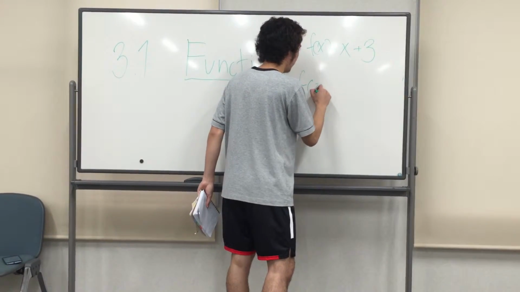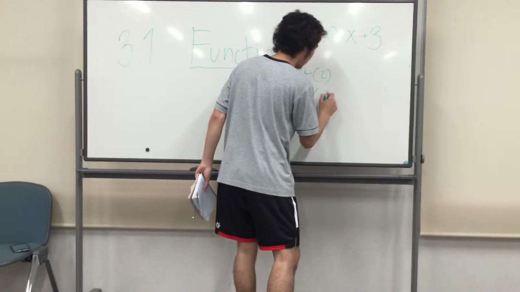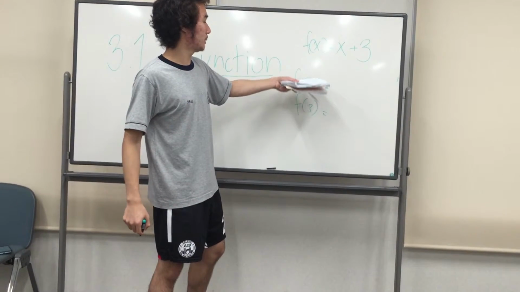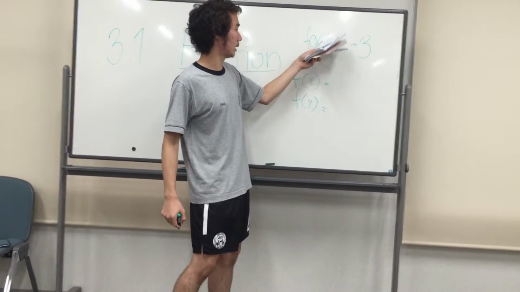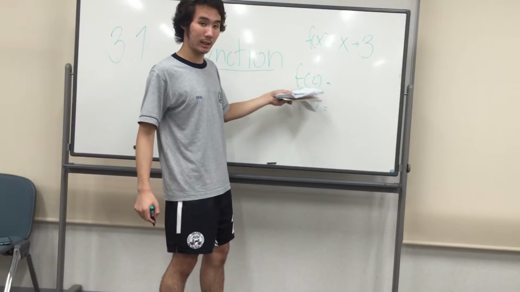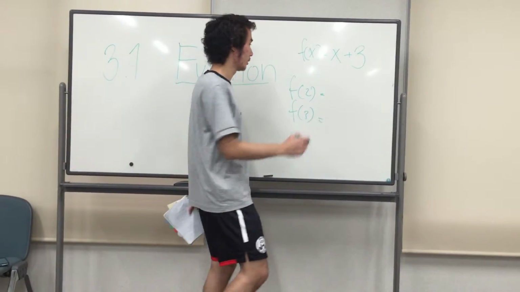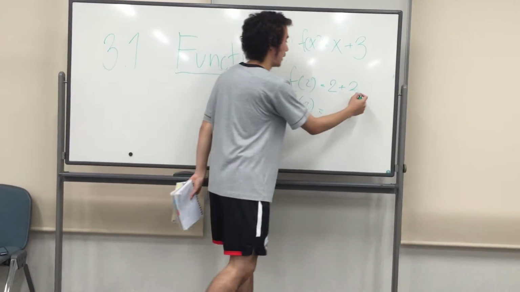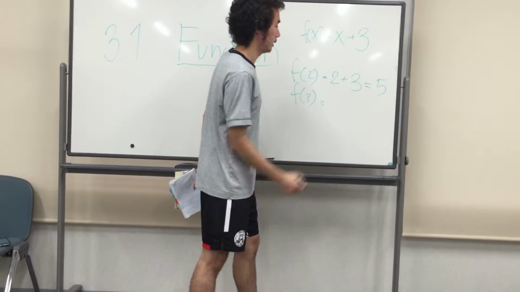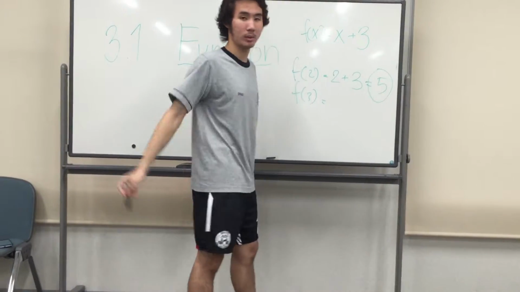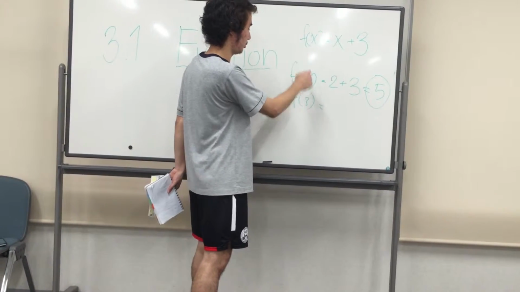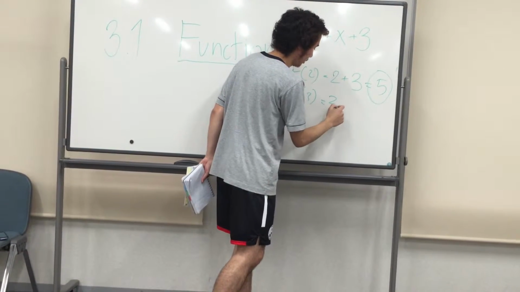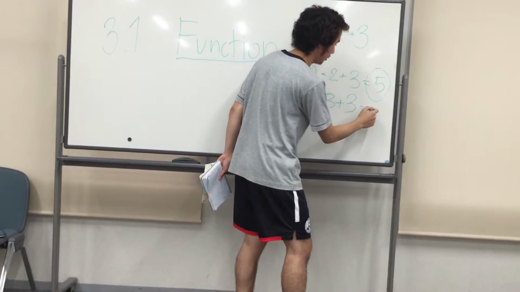Let's do it fast. 2 represents an input of this function, because this is x, so I plug it in. 2 plus 3 equals 5. This is our output. Next, 3. We plug in the function. 3 plus 3 equals 6.